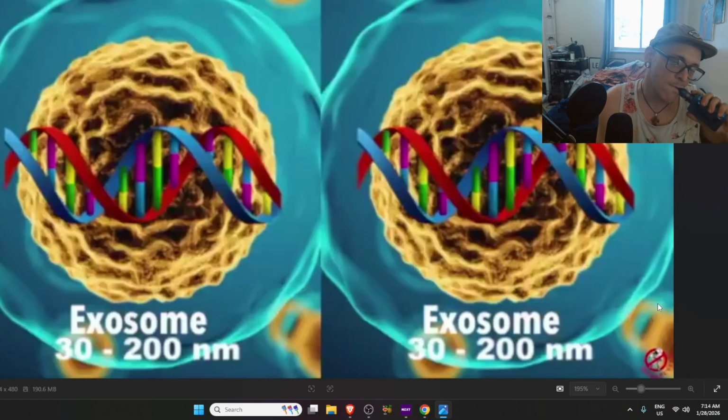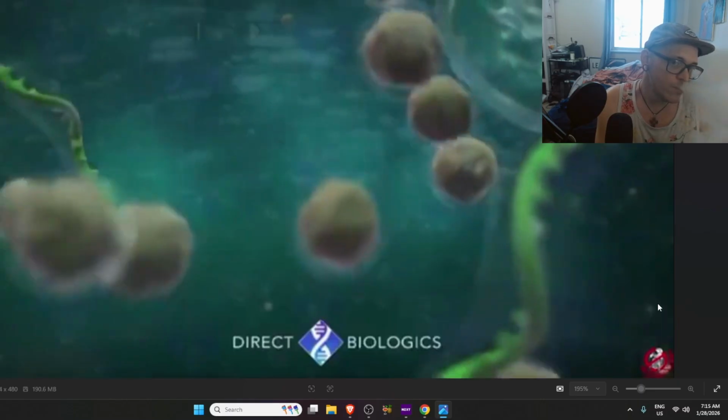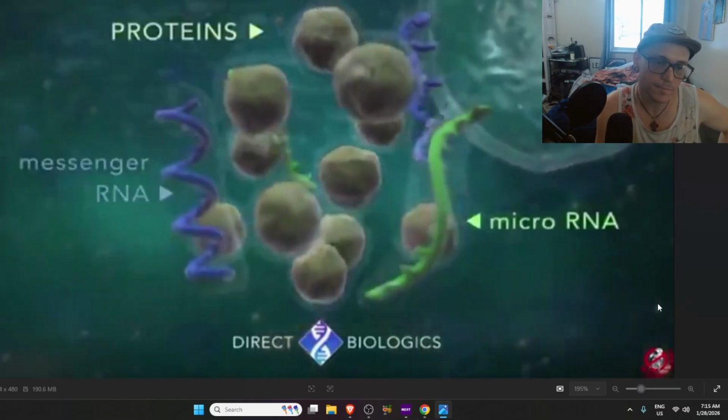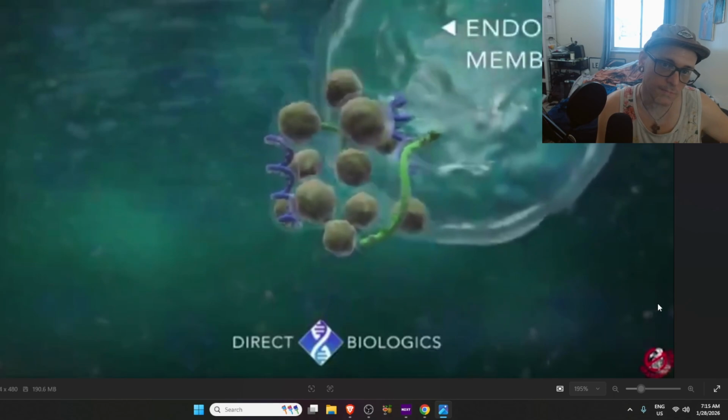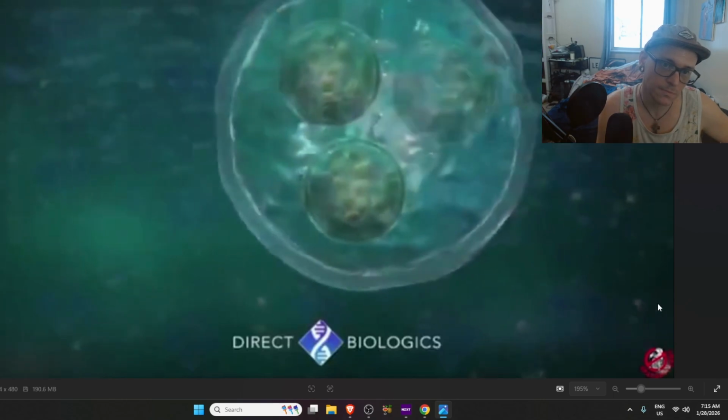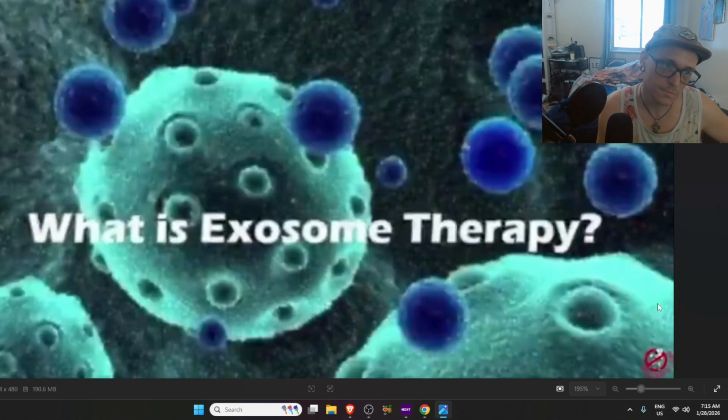Then we have exosomes, which are packets of protein, messenger RNA, and microRNA that are believed to assemble inside of a cell and then leave the cell to communicate with other cells in the area, among other functions.